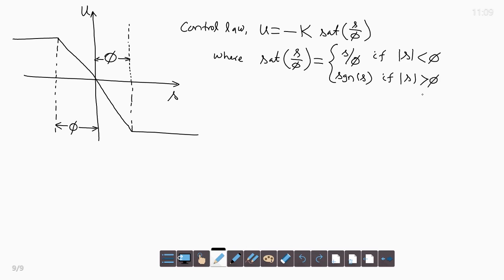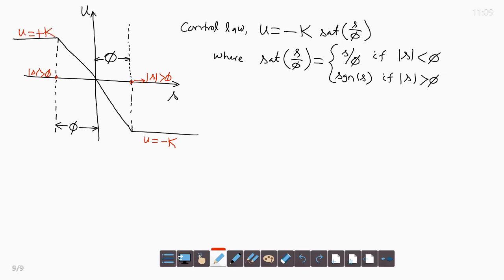As you can see in this figure, beyond this point, mod s is greater than phi, so u equals minus k. Similarly, below this point, mod s is also greater than phi, so u equals plus k.